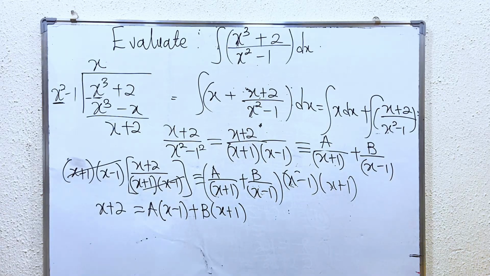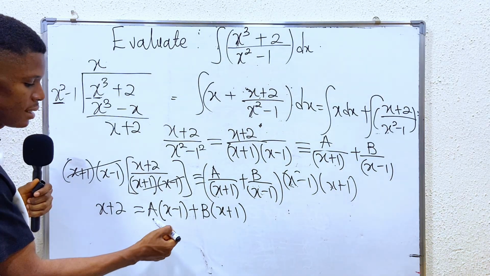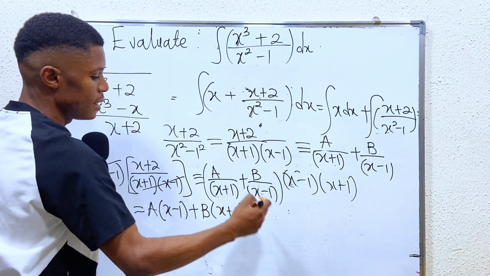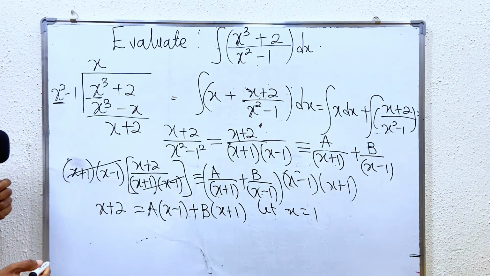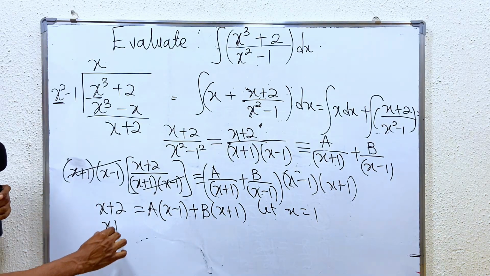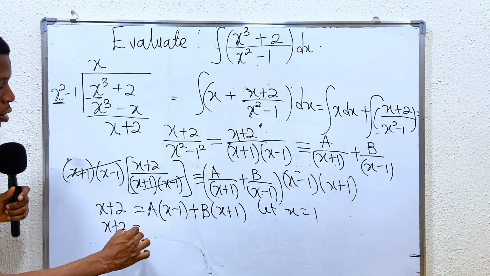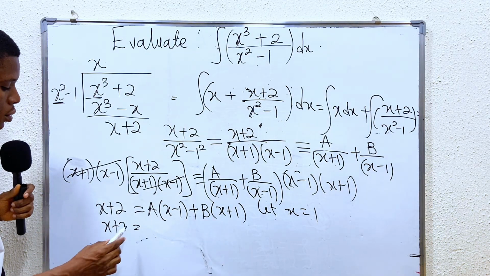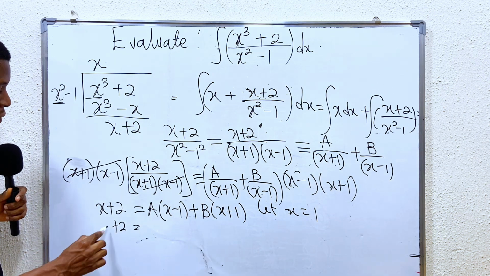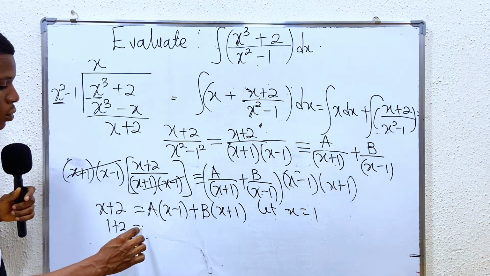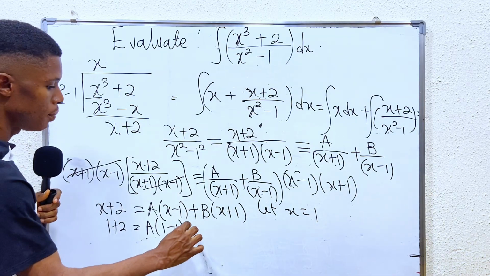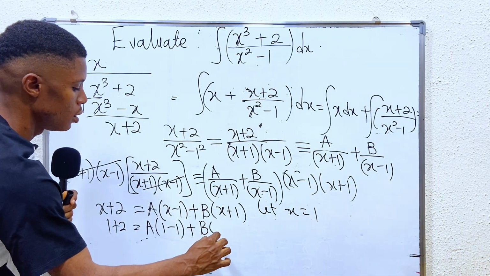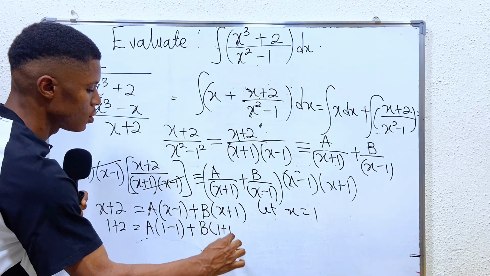So we'll try to resolve one. To eliminate A, we can say let x be equal to 1. Okay? So that x plus 2 is equal to, x is now 1, right? So we have 1 plus 2 is equal to A into 1 minus 1 plus B into 1 plus 1.